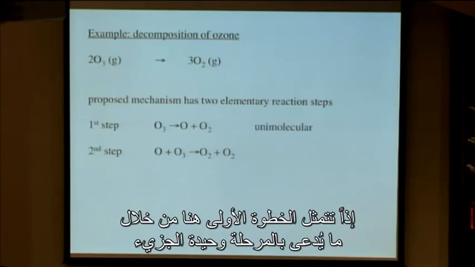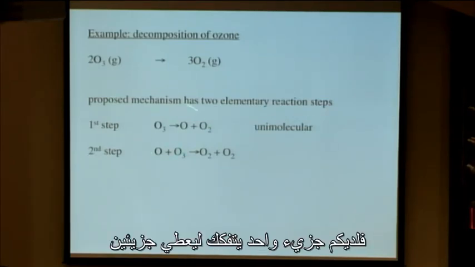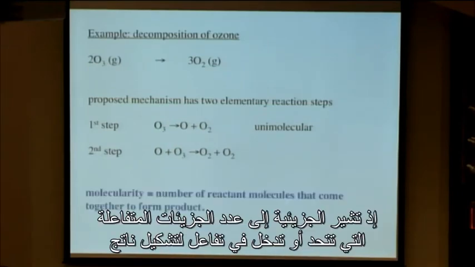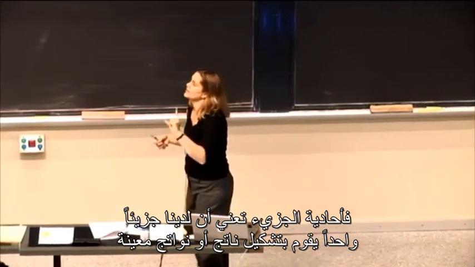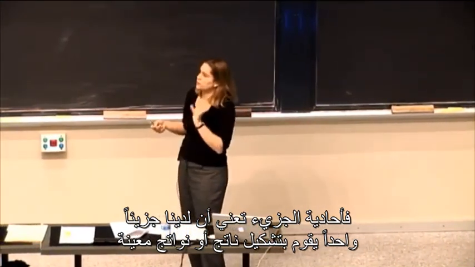So the first step here is a unimolecular step. You have one thing going to two things, and molecularity is the number of reactant molecules that come together to form product. So unimolecular, you just have one thing that's forming some kind of product.